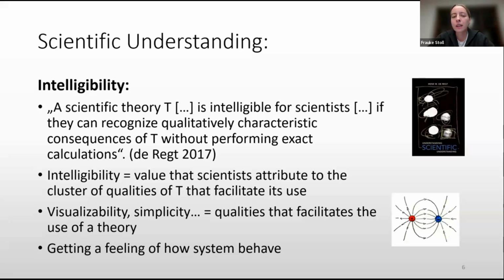So I think it is implicit that there is a degree of intelligibility. You get some kind of understanding from the numerical method, but with the string model or other models, you get more qualitatively characteristic consequences without having to perform calculations.